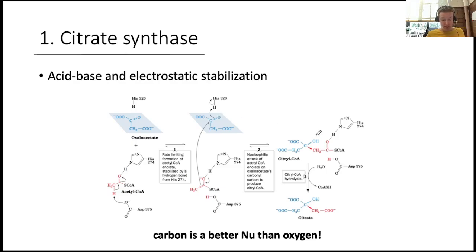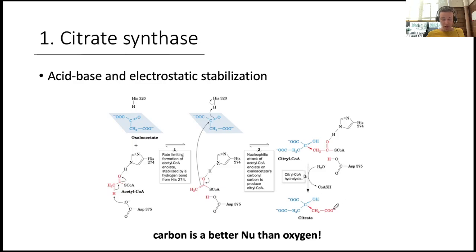We're almost done, folks. So here on the top right, we have now a covalent bond between what was oxaloacetate and our acetyl-CoA. We have some nice hydrogen bonding, stabilizing and binding to our substrate. The last thing we need to do is hydrolyze CoA off of this structure. So in comes water.